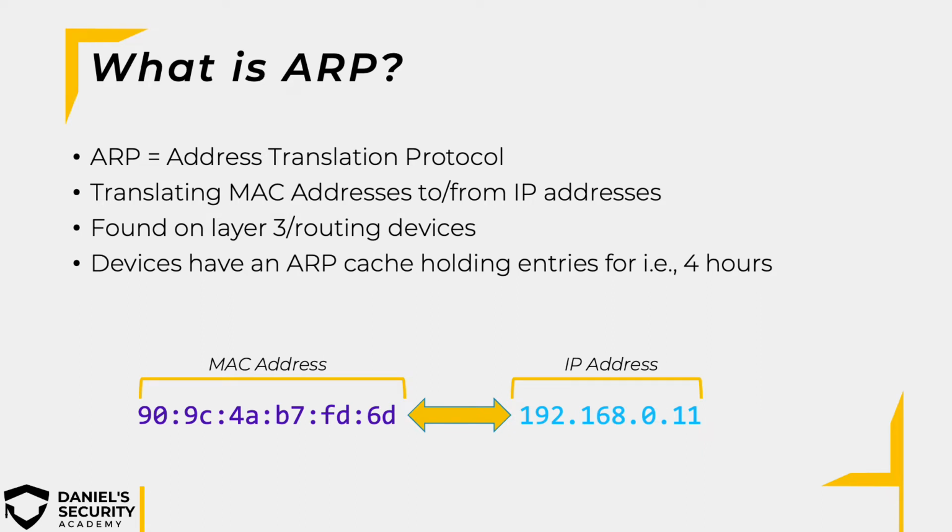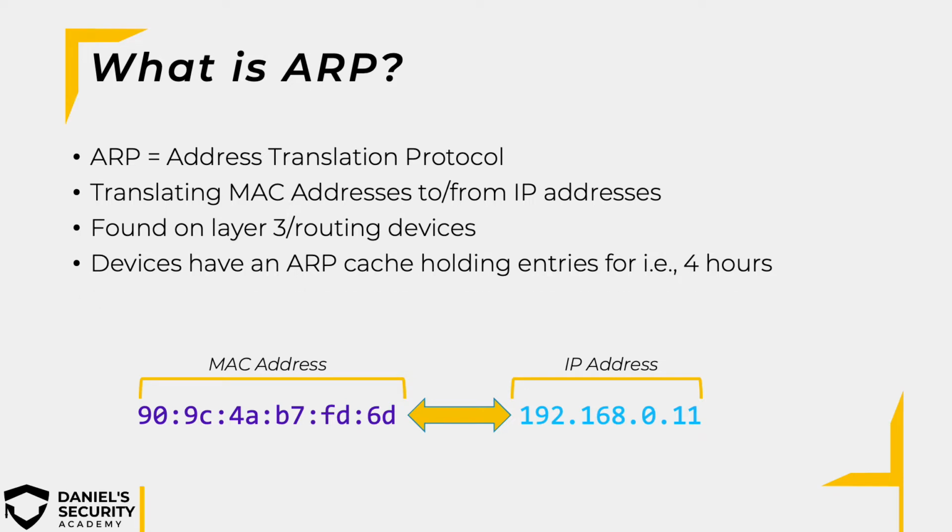And an important thing which we need to know before we talk about the security is that devices have an ARP cache holding entries, MAC to IP address translations, for example for 4 hours. This really depends on the vendor, on the system itself. So the 4 hours here is an example for Cisco routers, but might be entirely different for other devices.